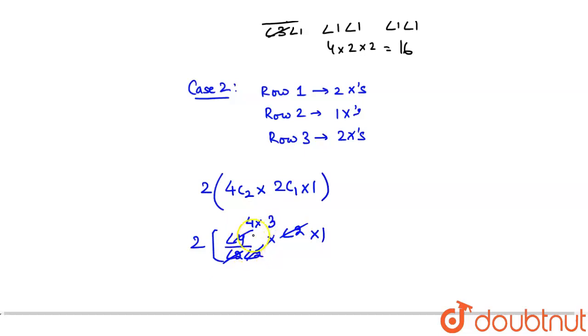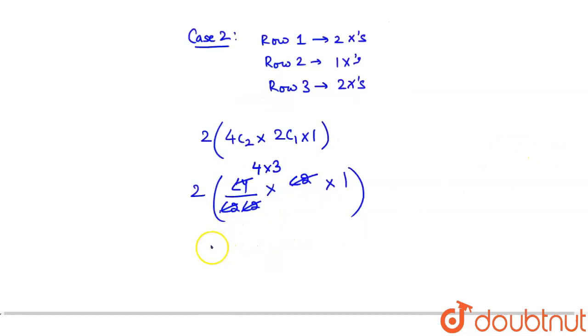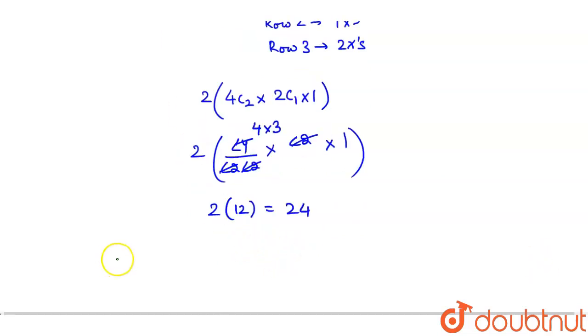So this would be factorial 4 upon factorial 2 into factorial 2, into factorial 2 upon factorial 1 into factorial 1. So this gets cancelled, factorial 2 gets cancelled and I get 4 into 3, correct? Factorial 2 and factorial 2 get cancelled. So 2 into 12, which is equal to what? 24. So in case 2 I got 24. So now let's jump on to case 3.